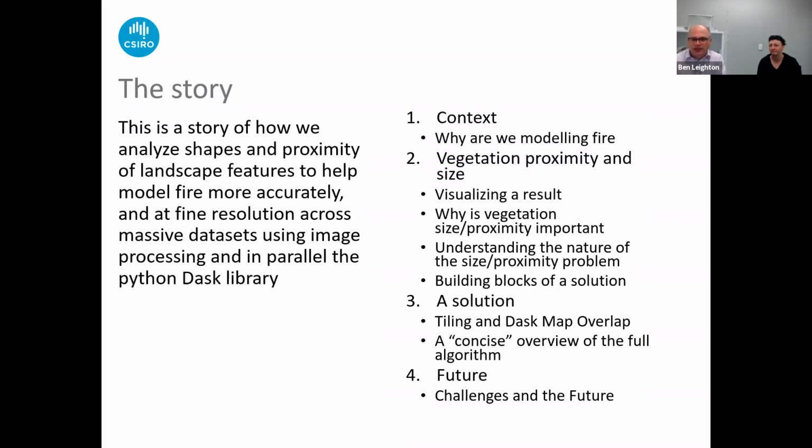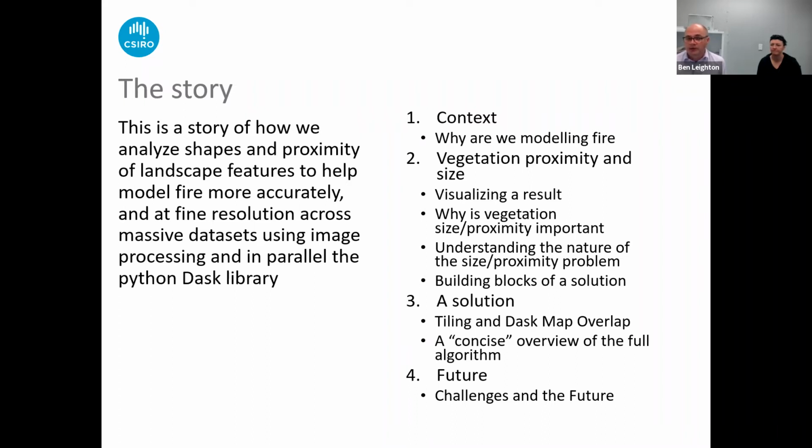We're setting some context now and we'll continue to do that. Then we'll talk about vegetation proximity and size, looking first at a result, like what the end product is, and why it's important to understand vegetation size and proximity for fire behaviour. We'll look at the nature of the problem: why is it a tricky problem to solve computationally? And the building blocks of a solution, then more detail on the solution, so how we used Dask map overlap and tiling.